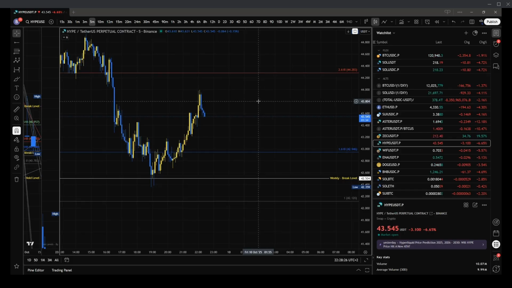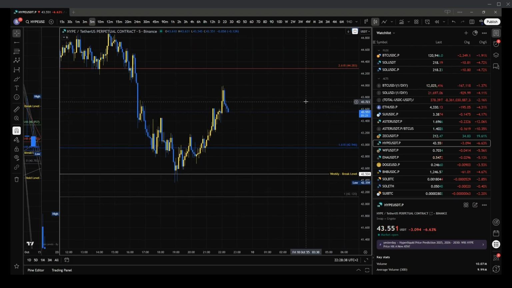So, when price goes here, then that's definitely personally my next long. And entry is here, exit is here, and then see what happens.